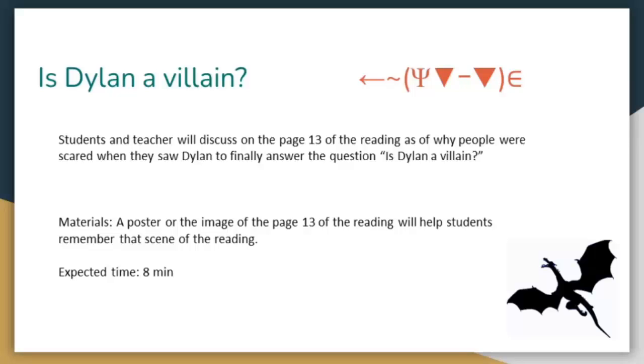So they'll have a chance to think about Dylan's behavior in this case. The materials can be a poster or the image of page 13 of the reading, so that the students can remember that scene easily. The expected time is 8 minutes. And now my mate Josue is going to continue with this class number 2.